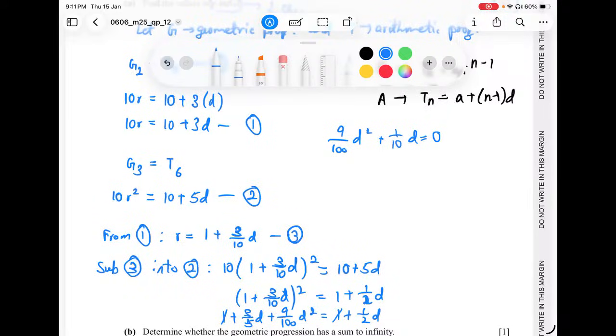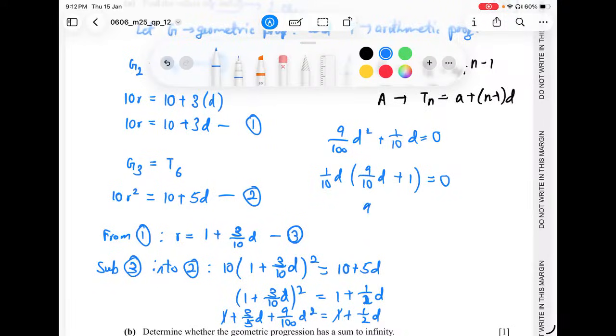So now we can bring 1 by 10 d outside. So 9 by 100 divided by 1 by 10 would be 9 by 10 d.